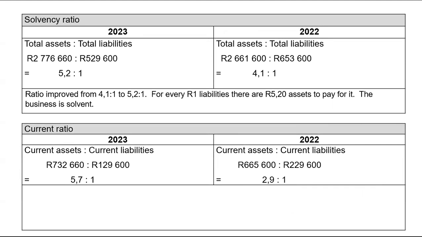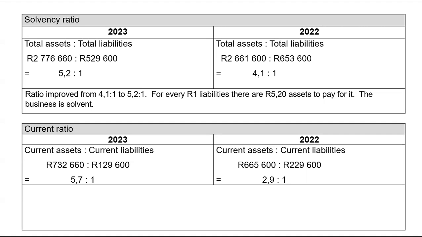Now, it has improved, meaning that the company has found ways to make money or to have liquid assets, because these are liquid assets, and the most liquid asset will be your bank. Why do we say they're liquid? It is because they will be converted into cash or its equivalent within 12 months. And your ability to settle short term has improved.